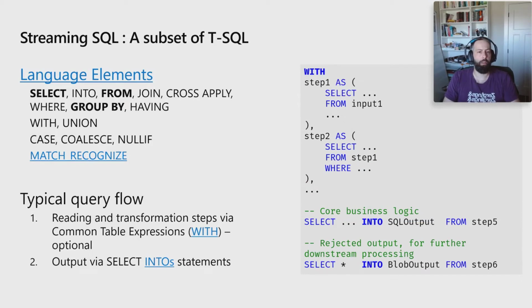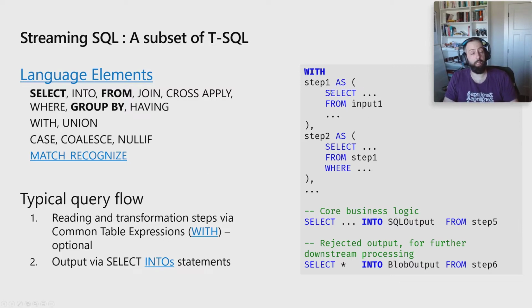Looking at the basic statement, we've put a lot of effort into making it look as much as possible like T-SQL. So it's obvious: you have a select from, group by, we even have match recognize, which is awesome. When you think about the typical query flow, the one we recommend, remember you're doing an ETL job, writing with a single SQL statement, is using common table expressions.